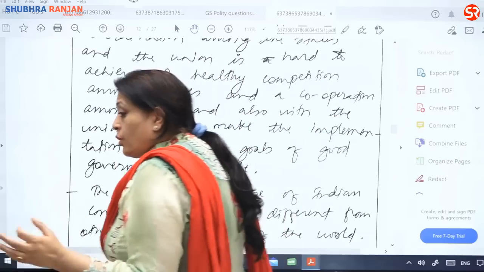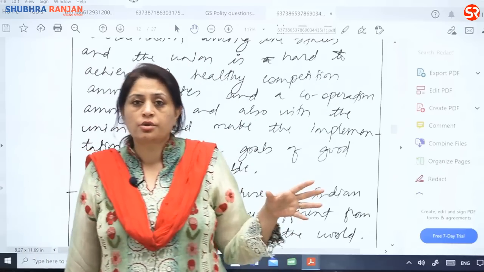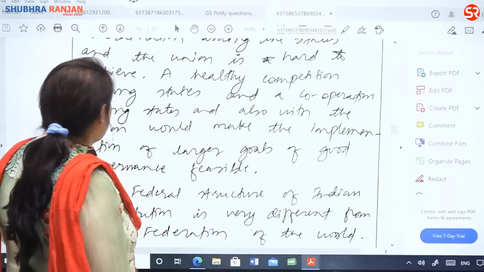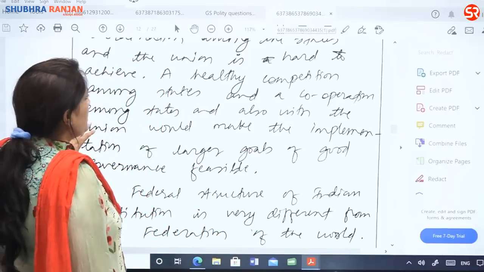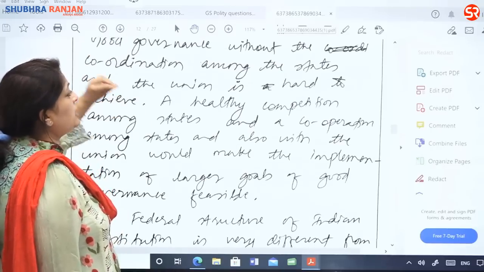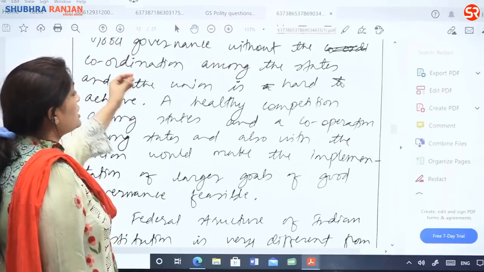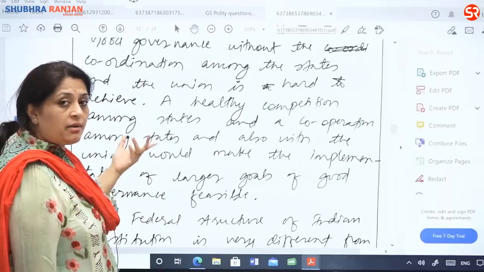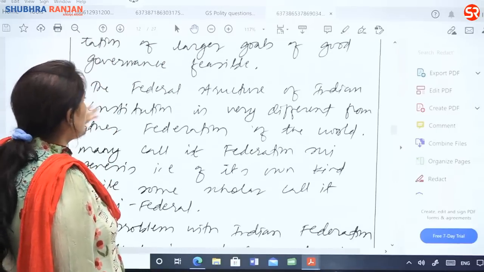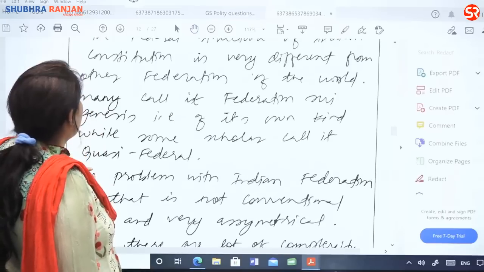There is no flow, it is factually wrong, there is no control on what you are writing. You are not planning, you are simply writing. "A healthy competition among the states and cooperation among..." means you have forgotten the question. You are confused whether the question is on competitive or cooperative federalism. What is the question? "The federal structure of the Indian constitution is very different from other."